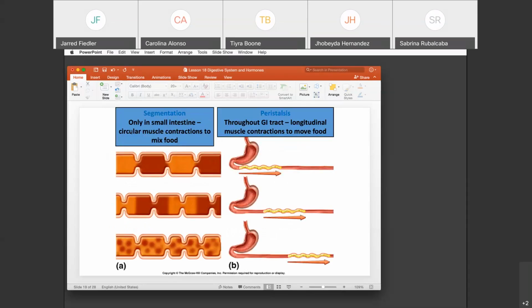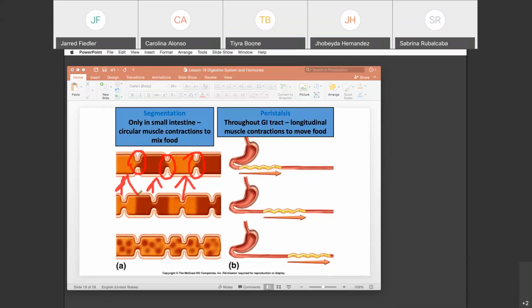Now we have this. These are caused by little circular muscle contractions, and I'll just circle them right now. Between over here, over here, over here, you're going to have contractions of each segment.